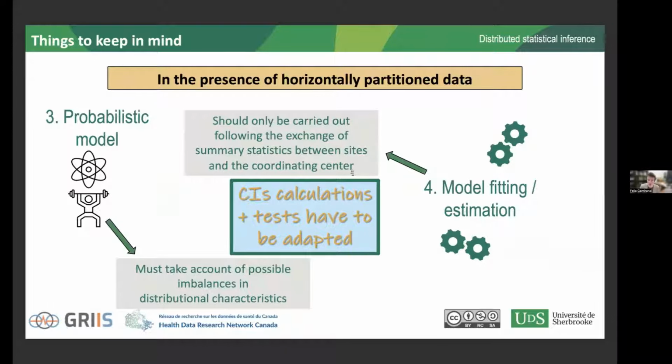And you will need to tweak a bit the model fitting because you cannot centralize the data set and use the usual algorithms to compute the confidence interval and to make the appropriate test. So they should be carried out following the exchange of summary statistics between sites and the coordinating center. And the probabilistic model must take into account possible imbalances in distributional characteristics.